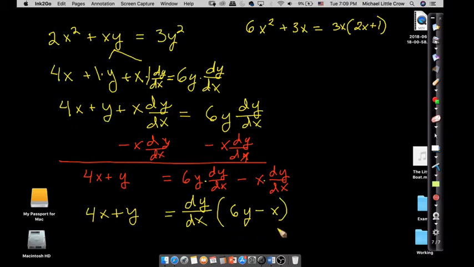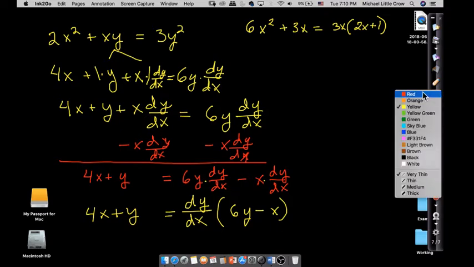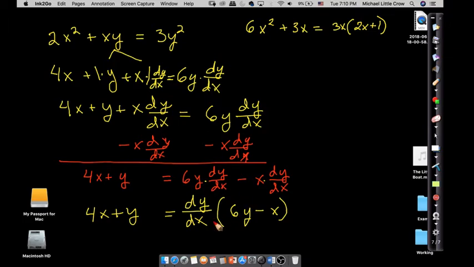Alina? Divide by that whole thing, yes. It's a little more complicated than what we started with, but we divide this side by 6y minus x, that's going to cancel.